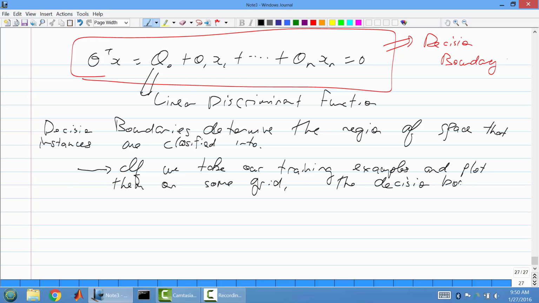The decision boundary splits the space. On one side of the space is where the positives would be, and on the other side is where the negatives are going to be.